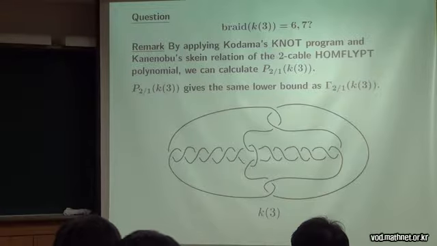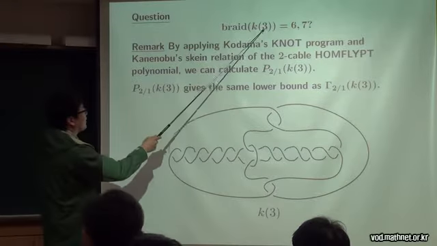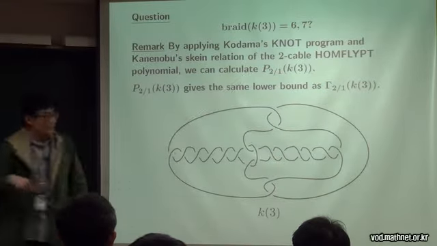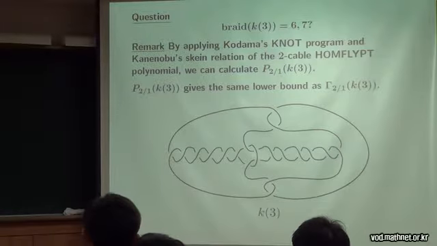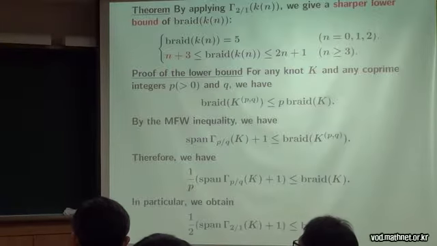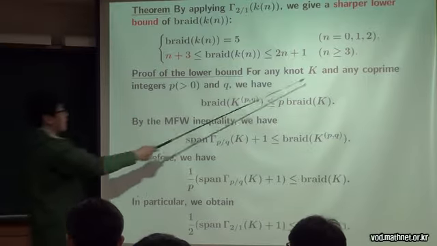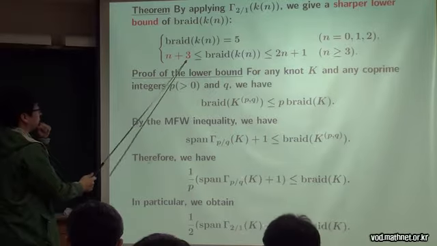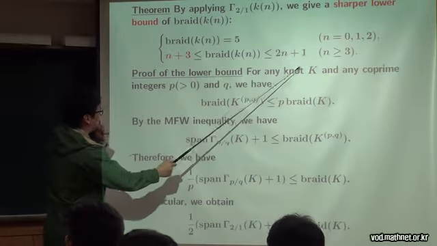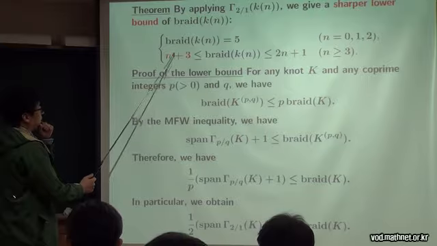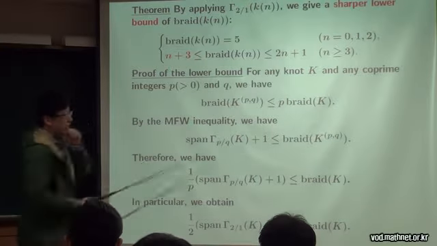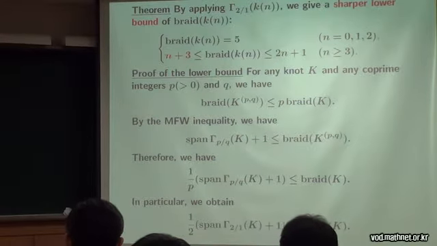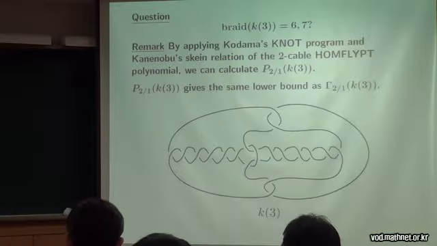And I have a question. In this case, n equals 3 case. Our theorem says for n equal to 3, the lower bound is n plus 3, upper bound is 2n plus 1. So lower bound is 6 and upper bound is 7. I don't know which, 6 or 7.